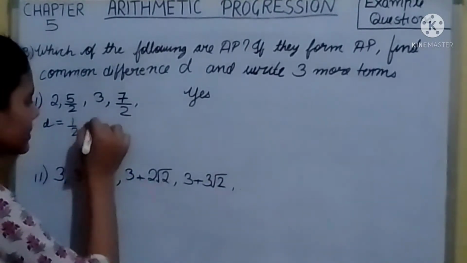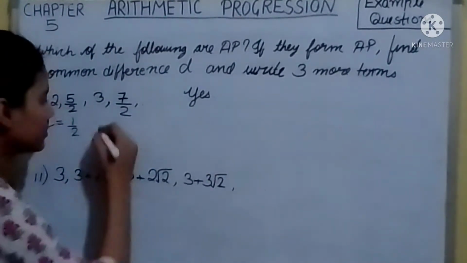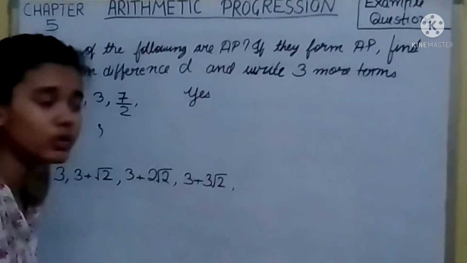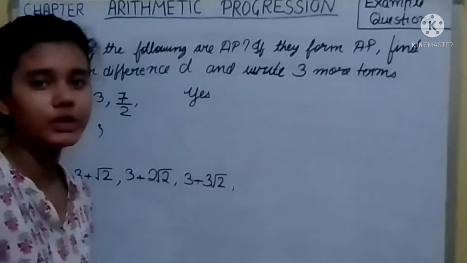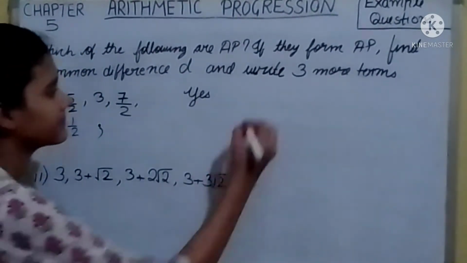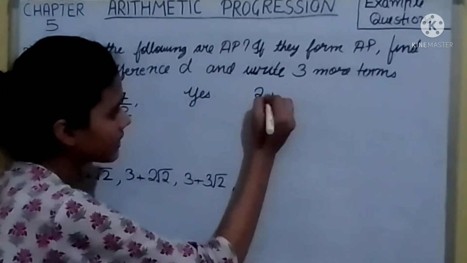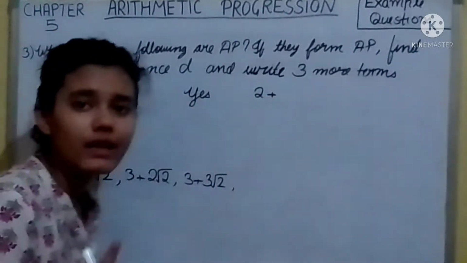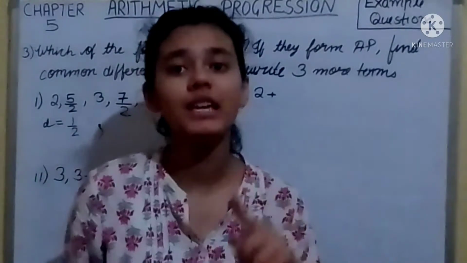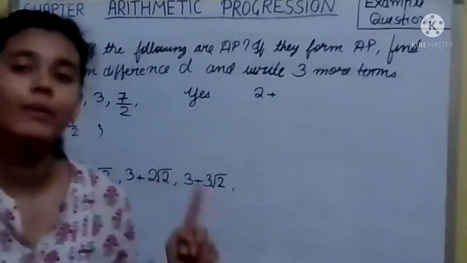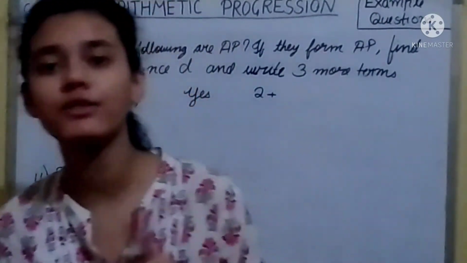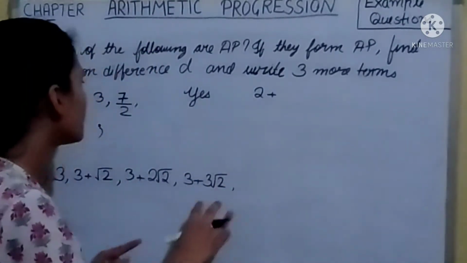Now we have to write 3 more terms. So how will we write 3 more terms? For that, see, first, what is the formula? a, a plus d, a plus 2d, then a plus 3d, a plus 4d, and so on.